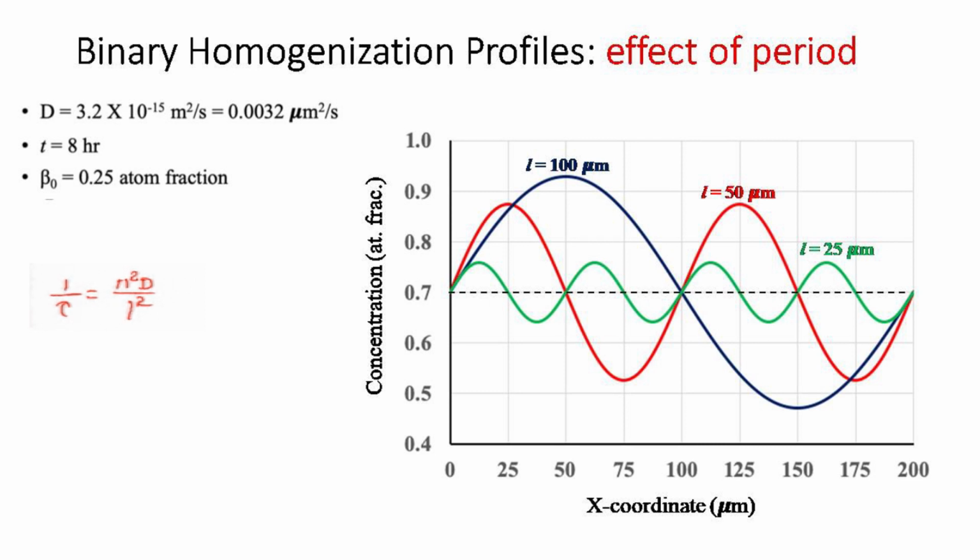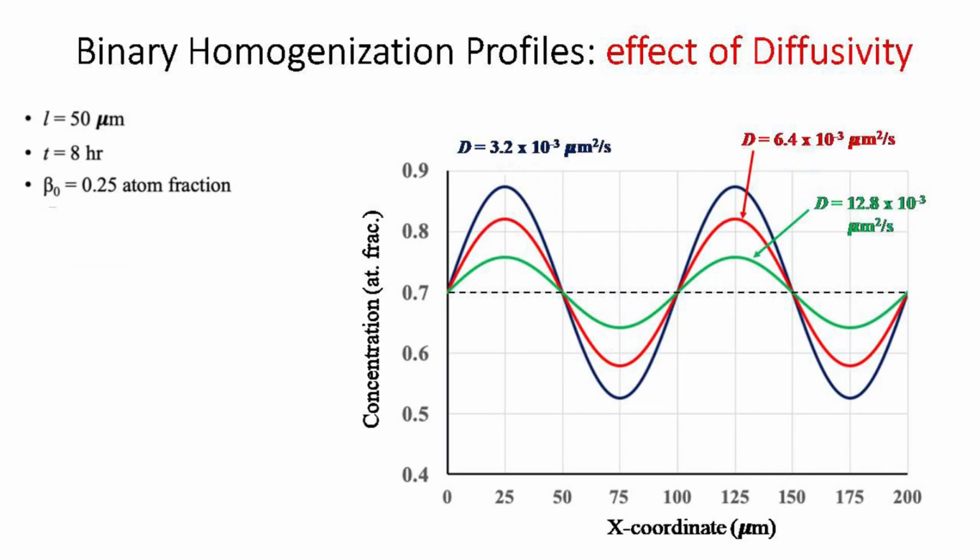Then obviously, since 1 by tau or the rate of homogenization is pi square D by L square, as the diffusivity increases, the rate of homogenization should also increase, and it is shown in these profiles here, again with the same parameters at t equal to 8 hours and the half of the period 50 micron. For different values of diffusivities, the profiles are shown here.